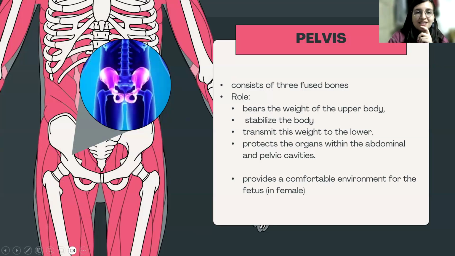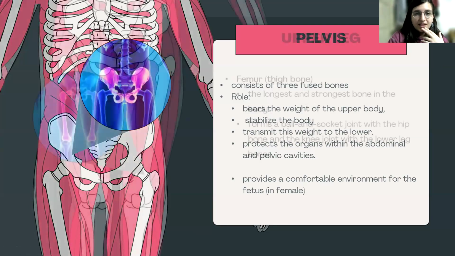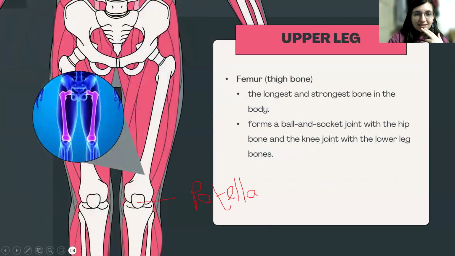And for female especially, it's very important because it plays a role in providing a comfortable environment for fetus. And we studied the upper legs, femur, the thigh bone, again, very interesting because it's the longest and strongest bone in the body. And we also studied how it's connected to the patella, which is also connected to the lower leg.